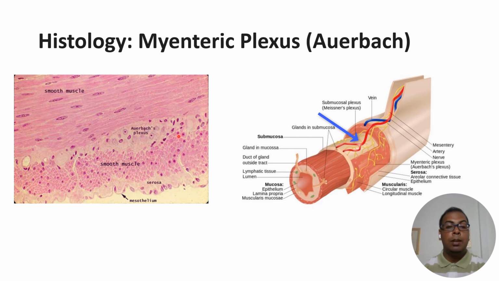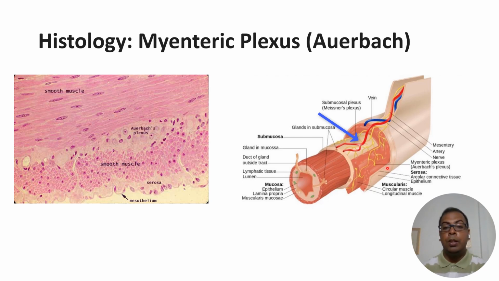And if we look at the hematoxylin and eosin section here on this slide, we would see two layers of smooth muscle, longitudinal and cross-sectional layer here. We see the Auerbach plexus in between these two smooth muscle layers. And it allows for contraction and relaxation of the smooth muscles.